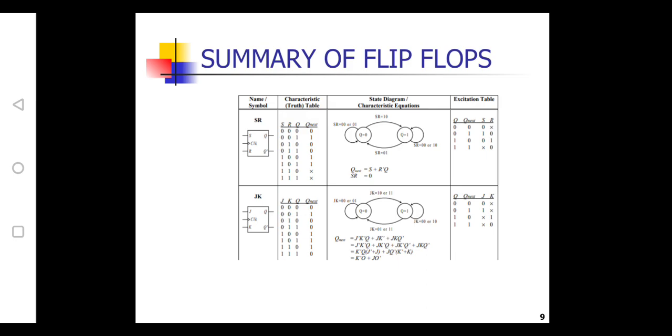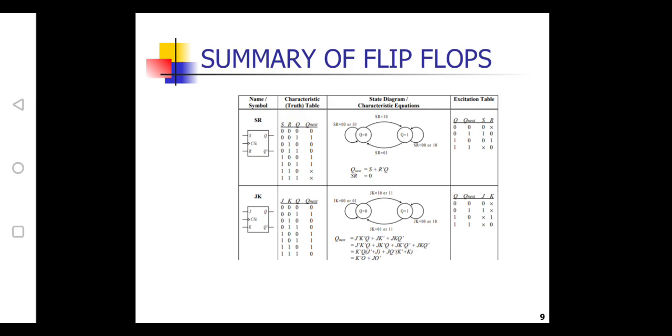As we have seen, in case of an SR flip-flop, the inputs are S, R and the previous value is Q. So if both S and R are 0, 0, whatever the previous value we are having will be the next state also. Coming to the third row, S is 0, R is 1. Whatever may be the Q value, whether it may be 0 or 1, we are getting an output as a reset state, 0, 0. If it is 1, 0, S is 1 represents set, that is 1, 1. If both are 1s, it is an indeterminate state, that is an invalid state.